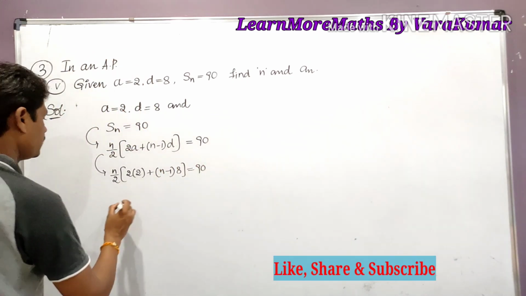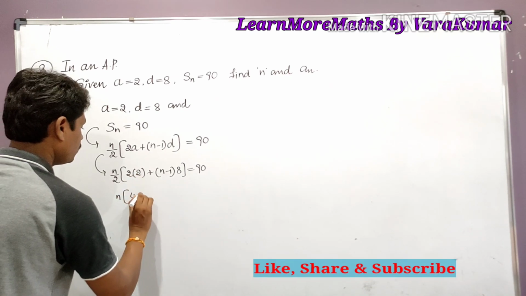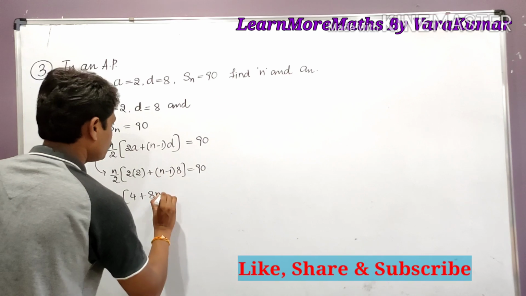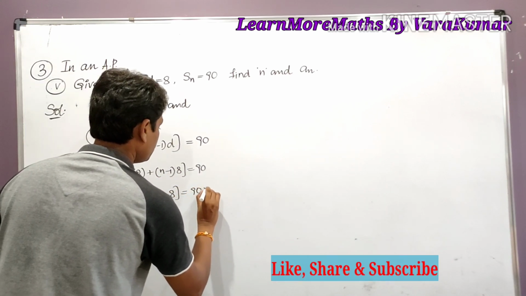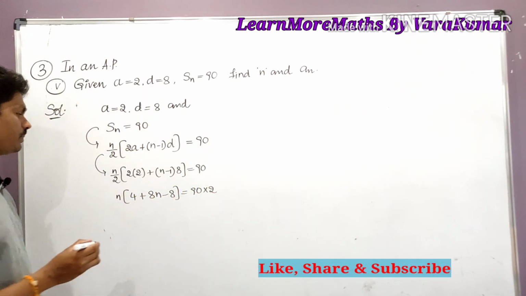So take 2 to the right side, student: n into (2 into 2 is 4, plus 8 into (n minus 1), which is 8n minus 8) is equal to 90 into 2. Here 2 is dividing, so it multiplies.